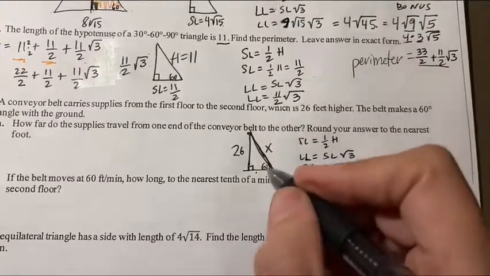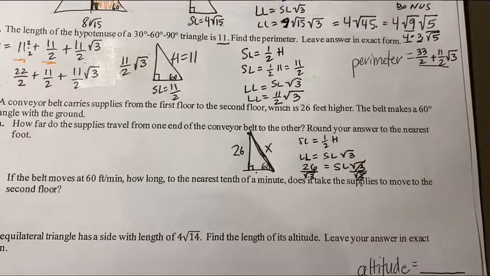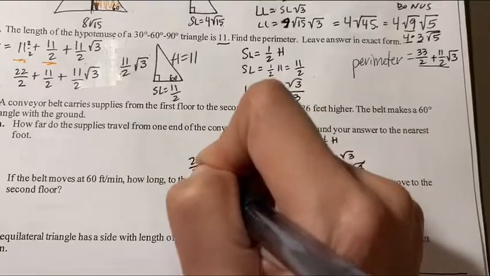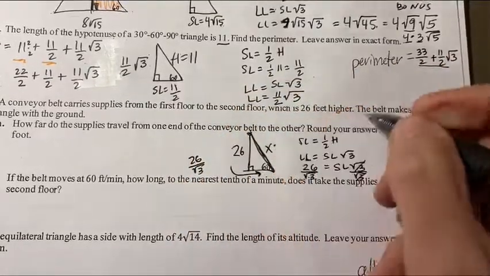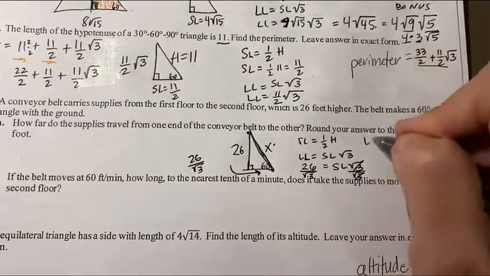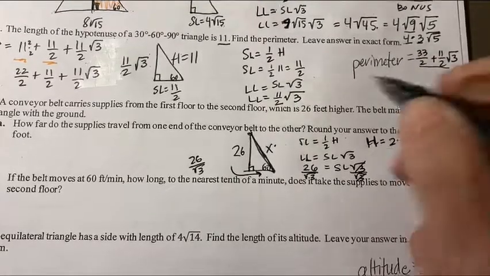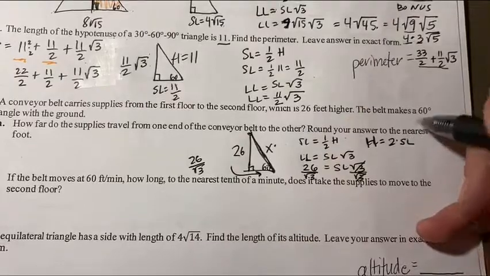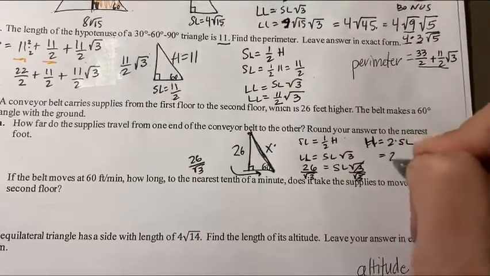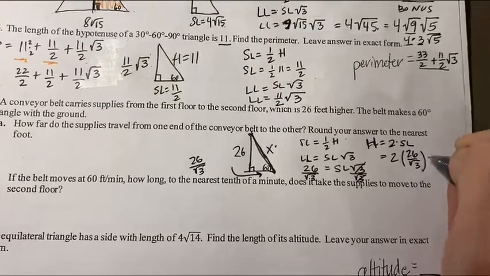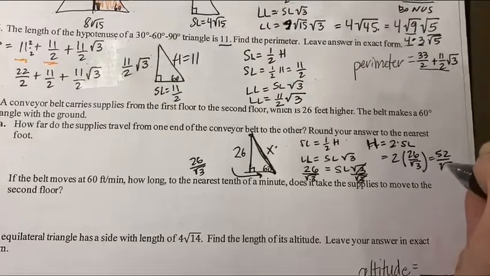So the short leg is 26 divided by the square root of 3, and then we want to double it, right? The hypotenuse is just 2 times the short leg. So we get 52 divided by the square root of 3.